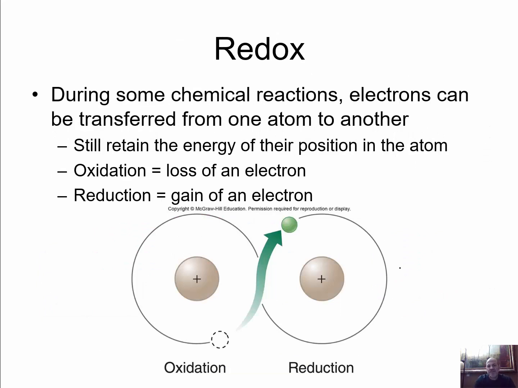The last concept for section 1 is the idea of redox. Redox is short for oxidation and reduction reactions, or reduction oxidation. So we just call it redox for short. Now, to show quite simply how this works, if I look at sodium, sodium has an atomic number of 11, which means 11 protons.